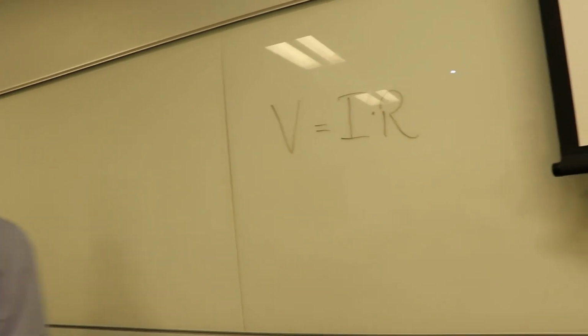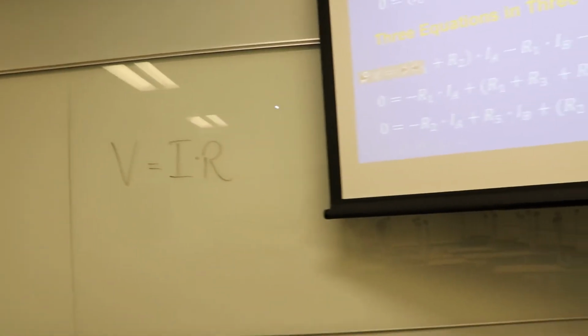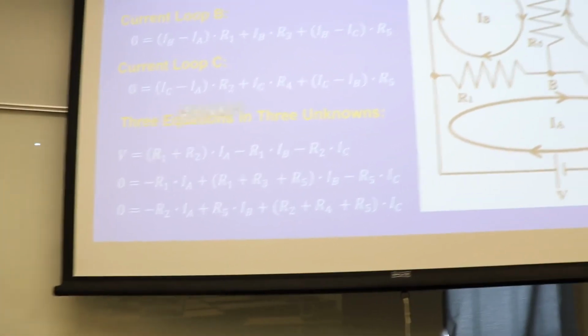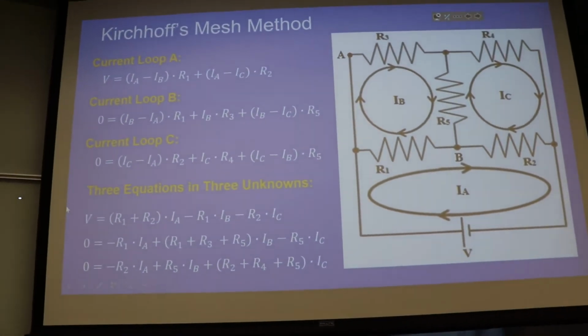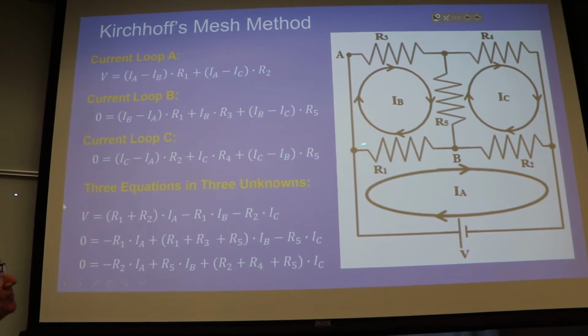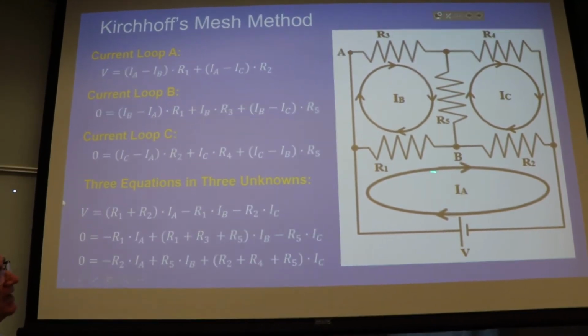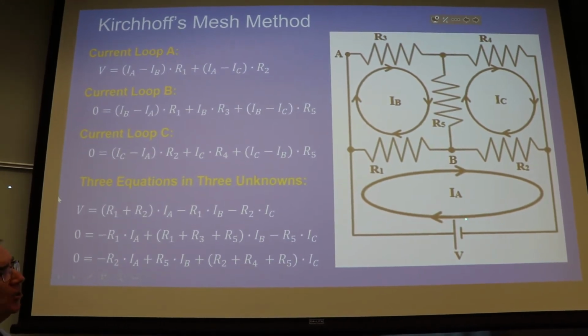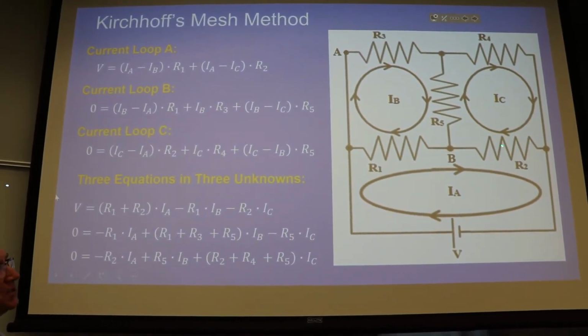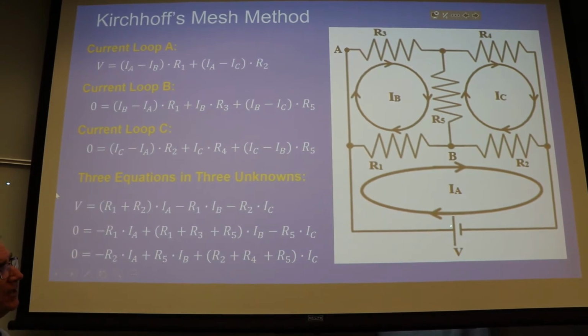So let me move this little thing out of the way right here so we can see all the equations. And basically, what you do is you take 3 loops, and if you're working with pencil and paper, you draw your loop. Now there's only one battery in this whole circuit, and it's right here.